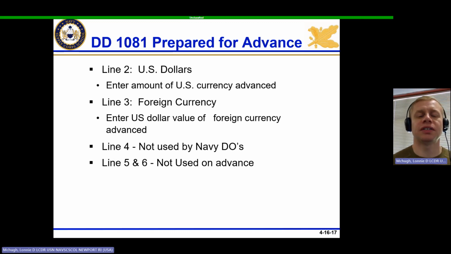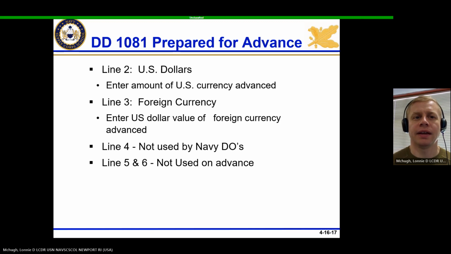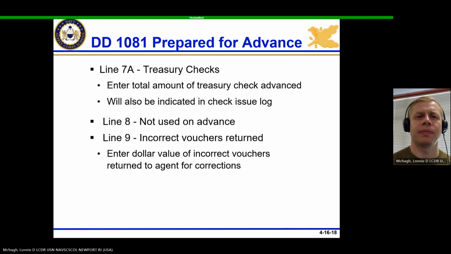Line 2 is the US dollars that the agent has. Line 3 is a foreign currency, and it's in US dollar value. So you have to account for the exchange rate there. This is not very common anymore, but it is a possibility. Lines 4, 5, and 6, we will go over on the return, but we're not going to talk about them now. 7 alpha is treasury checks. So you can issue a treasury check to an agent in advance.